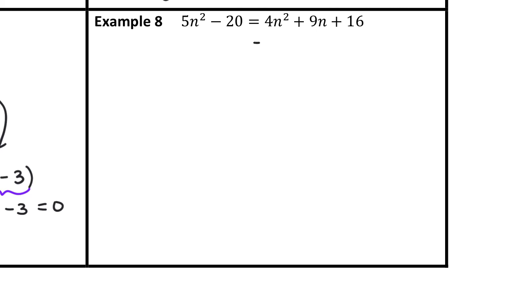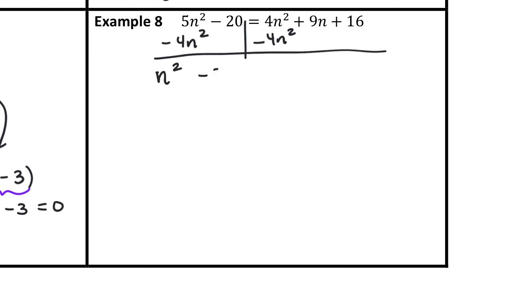If I subtract 4n squared on both sides, I will get 5 minus 4, which is just n squared. I'm going to bring down the minus 20 equals, these will cancel, I get 9n plus 16.